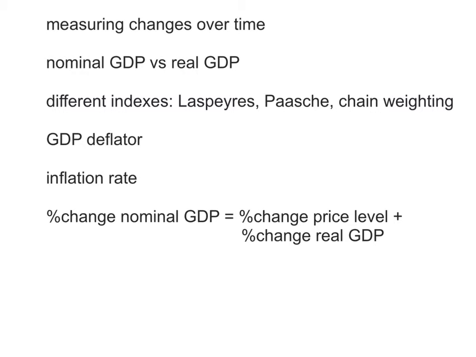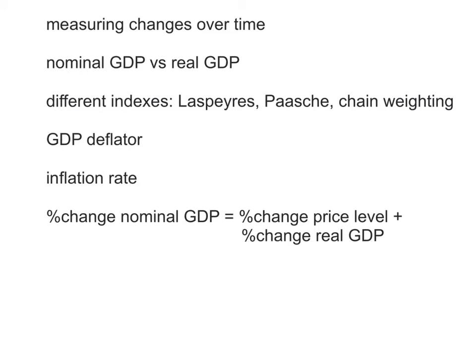The concept here is that when we want to measure an economy's GDP at a point in time, we don't have to worry about any of the things I've listed there. But when we compare change over time, we have to worry about things like inflation. And when we measure inflation, or the GDP deflator, we have to have some rules about how we measure things and count things.